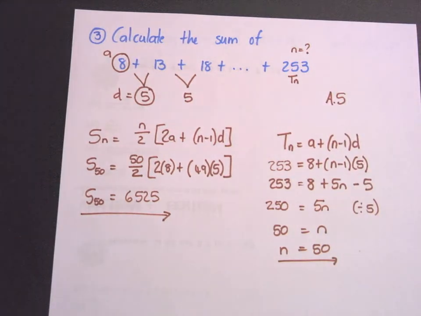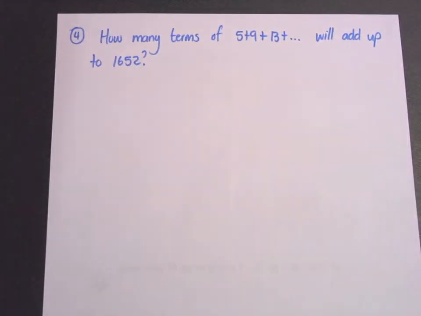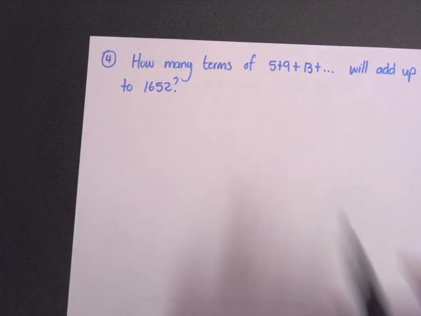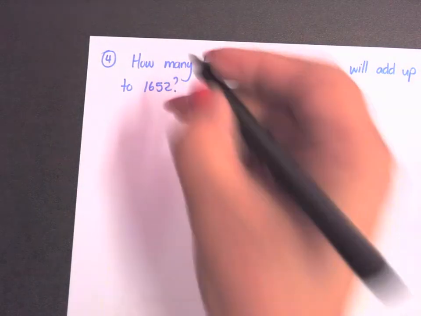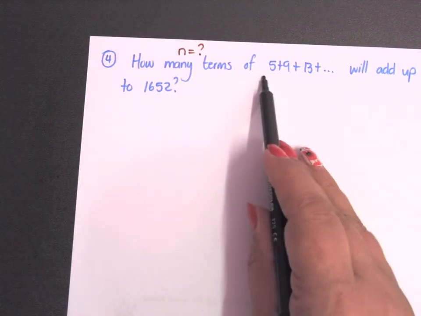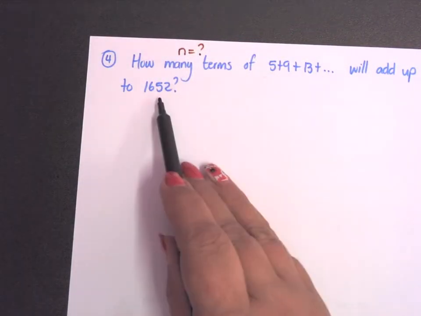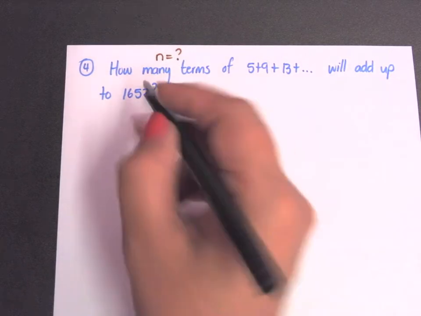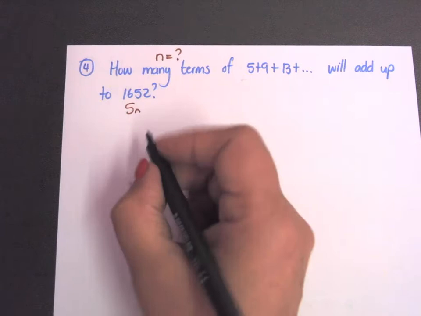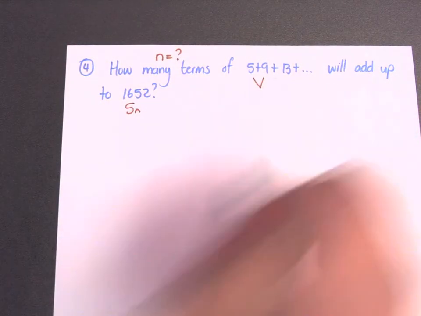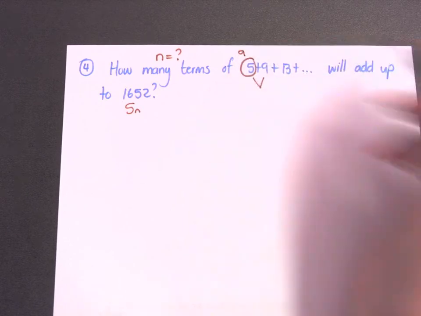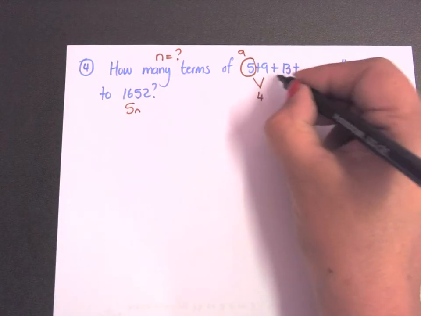In example number 4, we ask you how many terms, in other words, we want n, of this series will add up to this. So this is my Sn. We start with determining what d is. A is 5, d is 4.